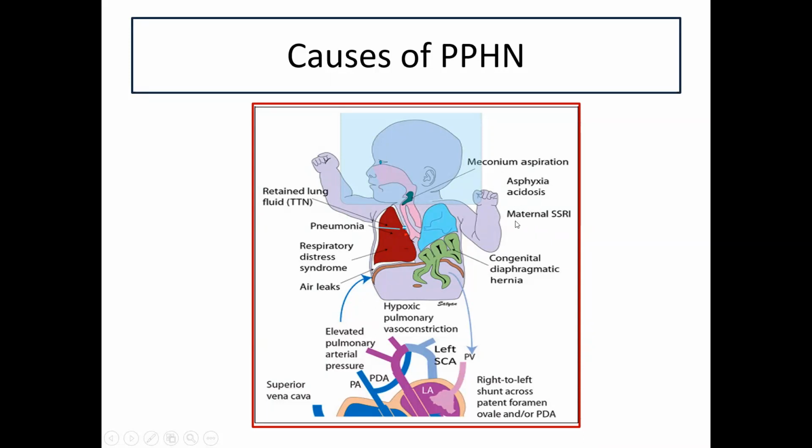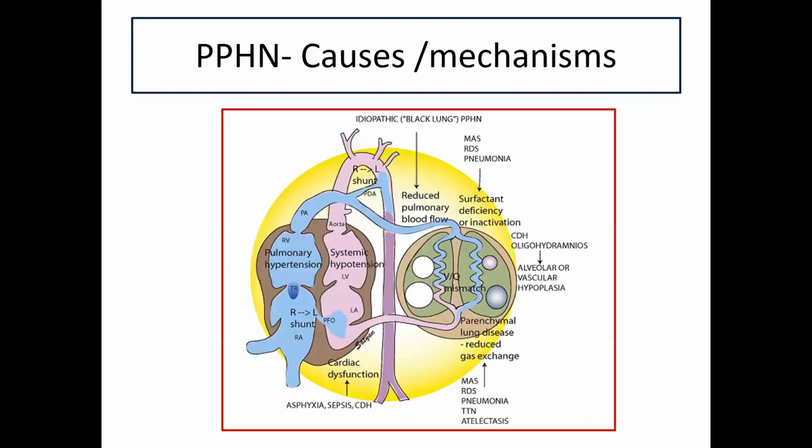And of course, birth asphyxia with hypoxia and acidosis itself can cause PPHN. And once PPHN sets in, we start seeing abnormal right to left shunts across the PFO and across the PDA, resulting in hypoxia to all the different organs.